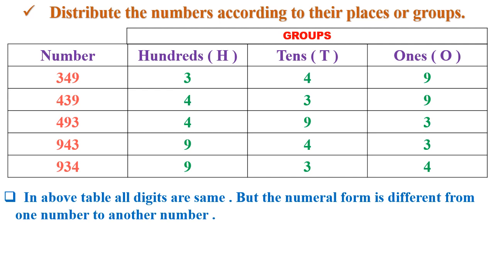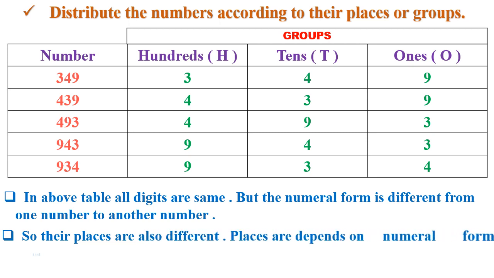But the numeral form is different from one number to another number. So their places are also different. Just see here, the digits are the same in all of these, but the places are different from one another. Now the places depend on the numeral form of that number.